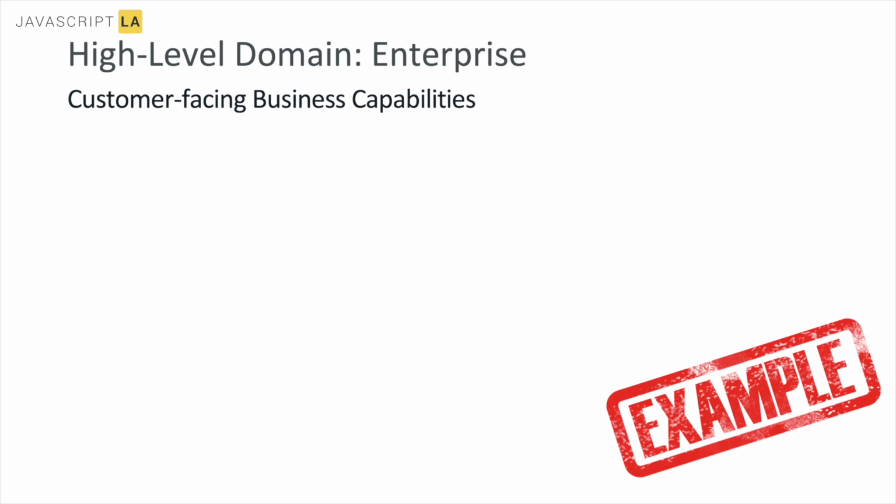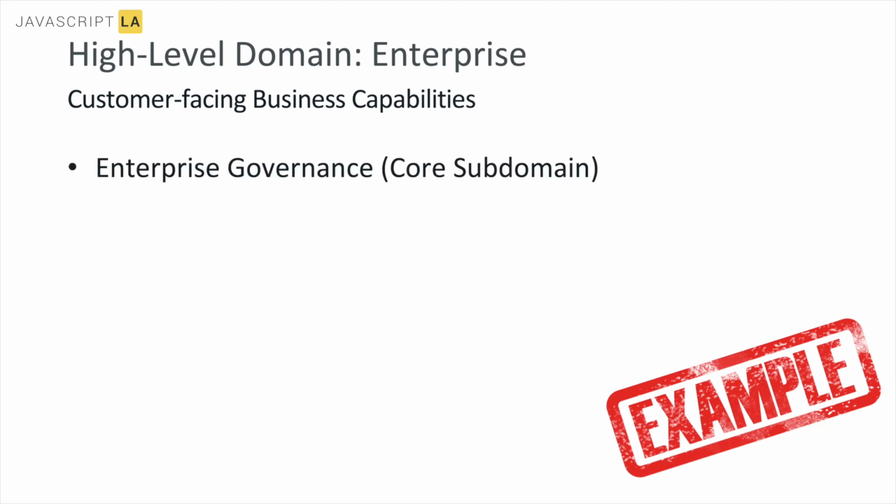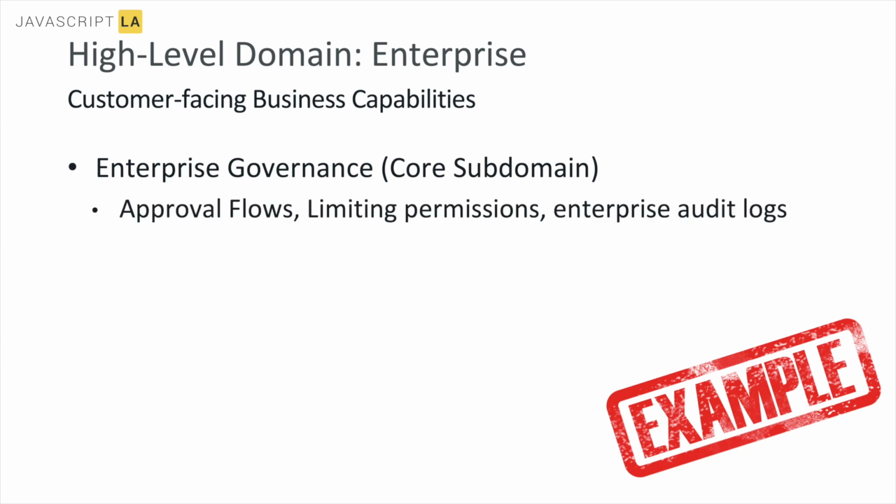Another high-level domain that we probably have, and we actually had this at Box as well, is the enterprise domain. Enterprise might have a core subdomain of enterprise governance. What this might be is things like requiring approval for somebody who's changing a split. If I'm turning on a split in production for 10% of traffic, I might need to have somebody else approve that. So being able to set up approval flows, that sort of thing.